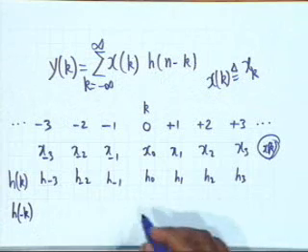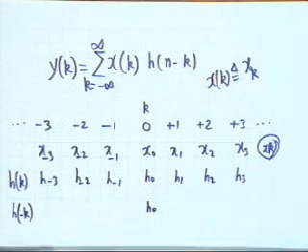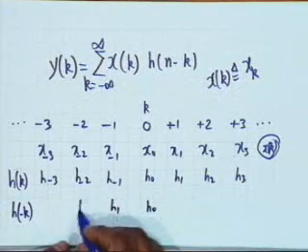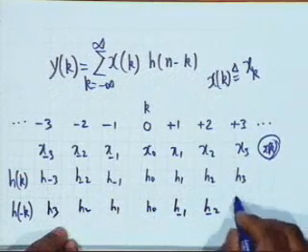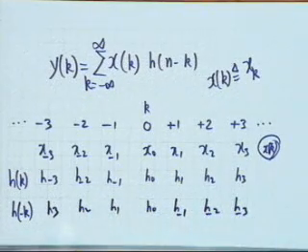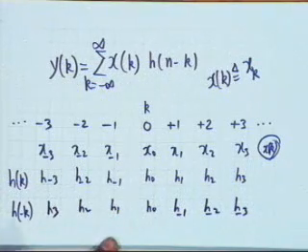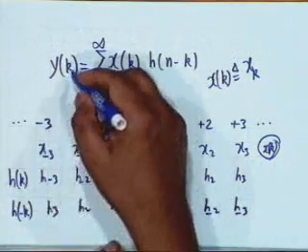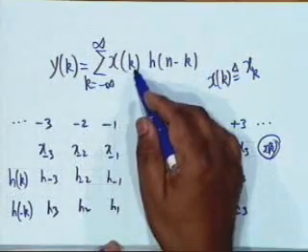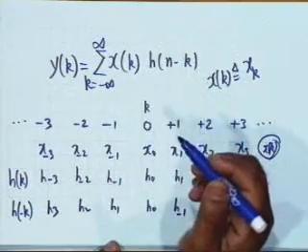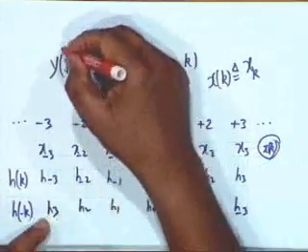And therefore, what we do is, with this as the pivot, we flip. That is, this becomes h1, this becomes h2, this becomes h3, h of minus 1, h of minus 2, h of minus 3. Now suppose I have to compute y of 0. That is at k equal to 0. Then y of 0 is simply x of, so it should be y of, I'm sorry, I beg your pardon. This must be y of n.